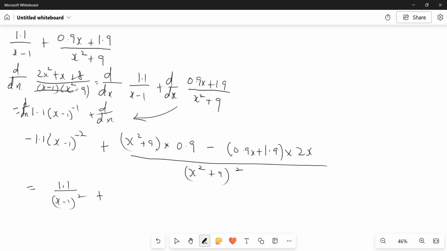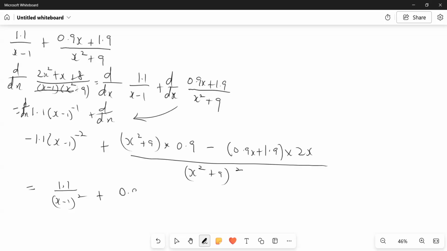So all of this turns out to be, I think you can simplify this, right? You can remove the bracket and so on. Let's remove the bracket and see what happens.